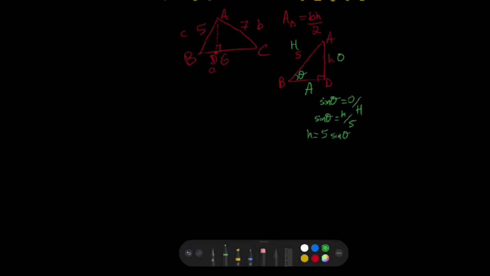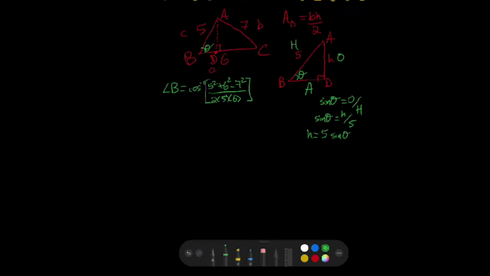Well, I have a triangle where I know all the sides. I want to find one of the contained angles. That's my theta right here. So I can go ahead and use my cosine law. So using cosine law, angle B is equal to cosine inverse of C squared, so 5 squared, plus A squared, so plus 6 squared, minus my B squared, which is 7 squared, over 2AB, or 2 times 5 times 6.